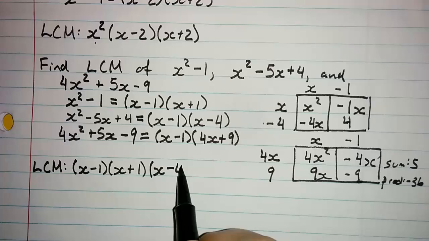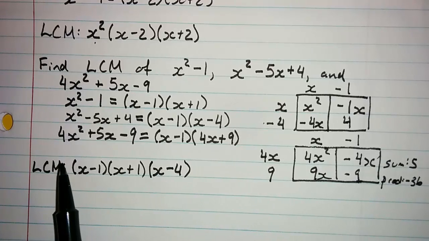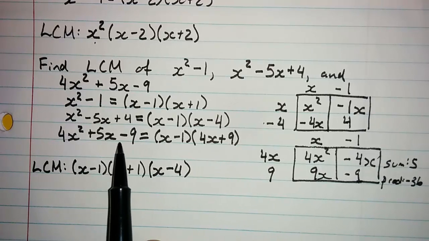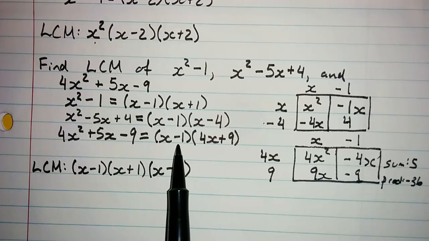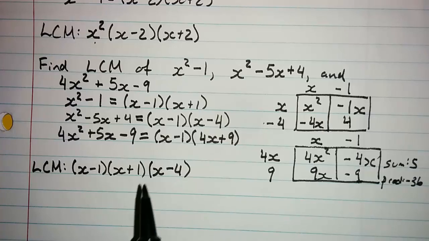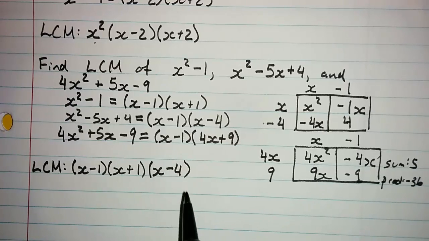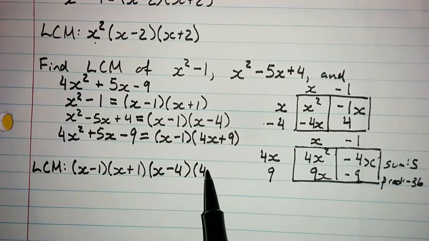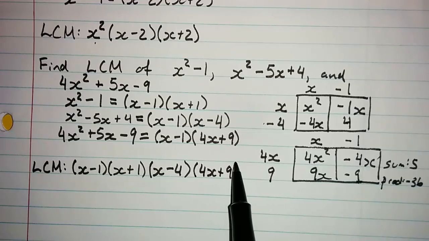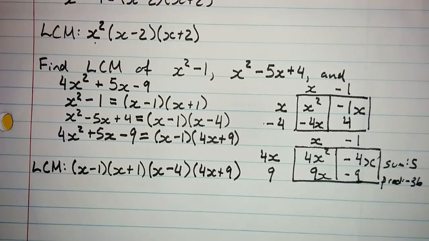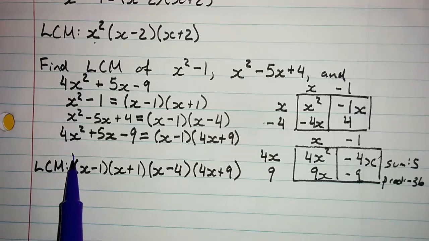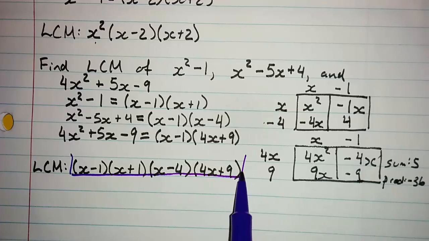I just need an x minus 4. To be a multiple of 4x squared plus 5x minus 9, I need an x minus 1 and a 4x plus 9. X minus 1 I've got, 4x plus 9 I need. So this is my least common multiple. And again, I'm very happy not to multiply this out.